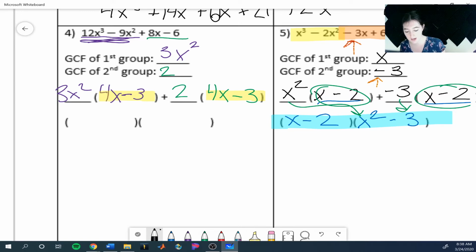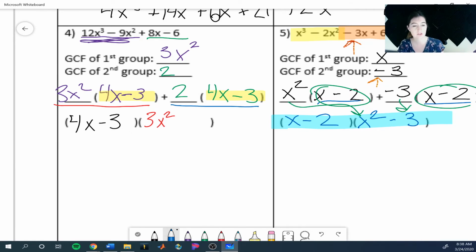So I'm going to have 4x minus 3. When I factor out 4x minus 3 from this first part right here, what do I have left? 3x squared. If I factor out 4x minus 3 from this part right here, what do I have left? Positive 2.